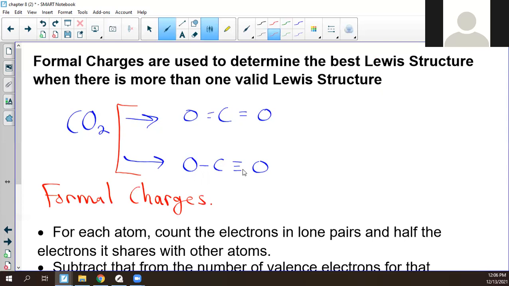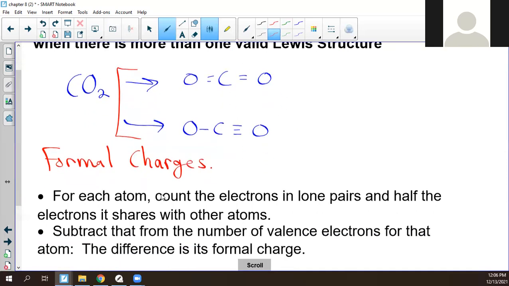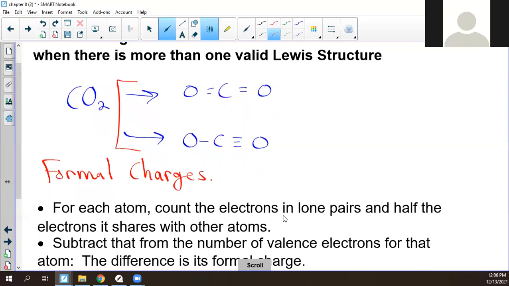All right, so this is how we calculate the formal charge. We do it for each atom in the Lewis structure. For each atom, count the electrons in lone pairs and half the electrons it shares with others. Let me complete these because there are no dots.